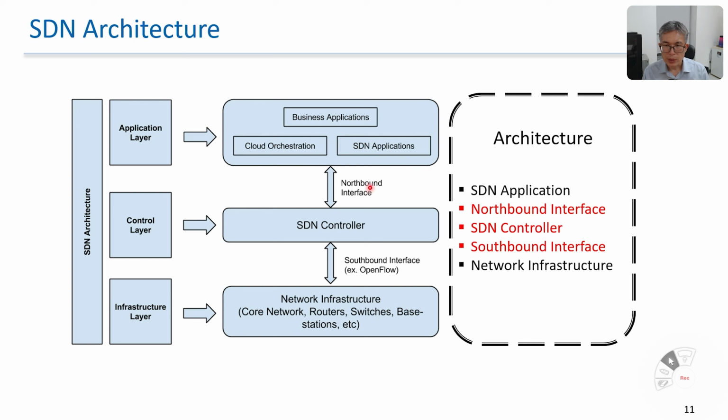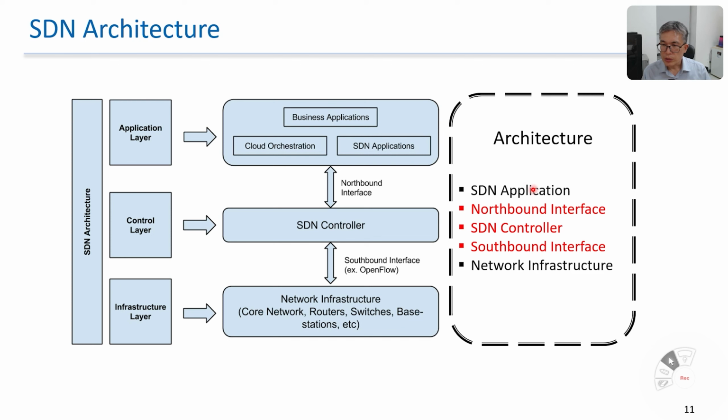They give some policy or requirement for services. Then the SDN controller translates that policy into low-level policy or rules, which are transmitted by the southbound interface like OpenFlow to appropriate network infrastructure components like switches, routers, or security functions.